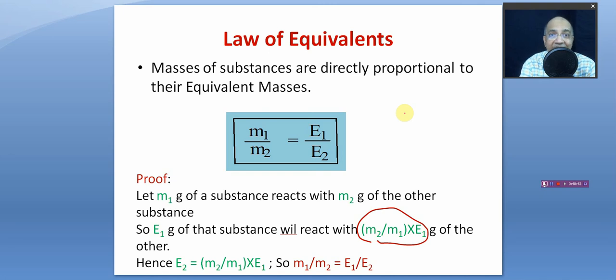We discussed Dulong and Petit's law, the law of isomorphism, and the vapor density method to find the valency. We shall look at the application of the VD method later. So by some method we get the correct valency, and then multiply it with the equivalent mass to get the correct atomic mass.